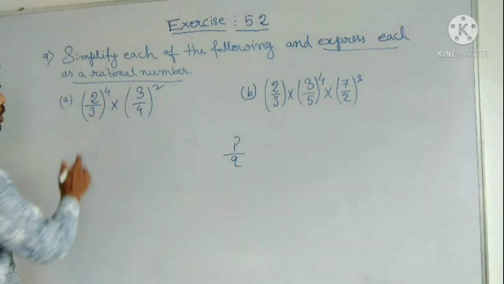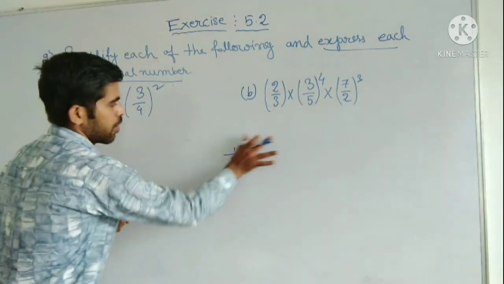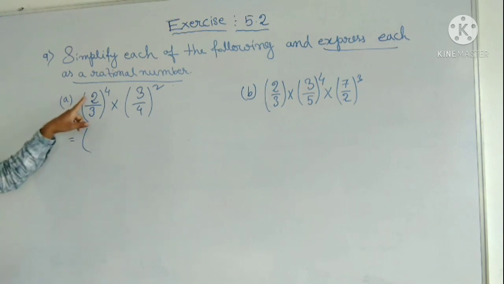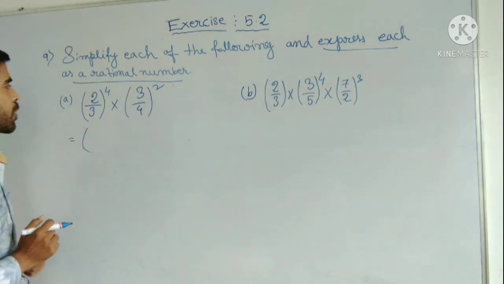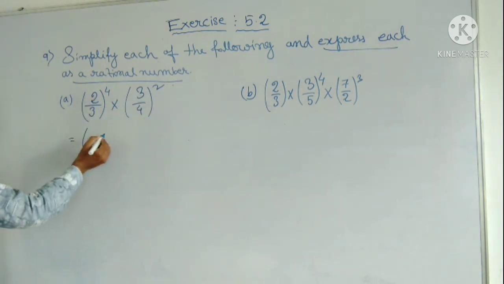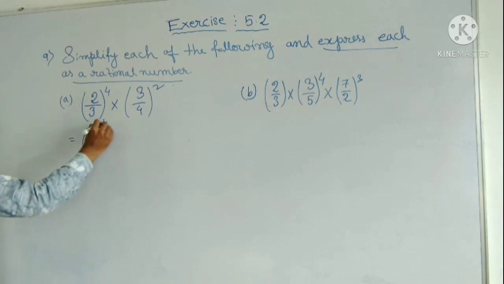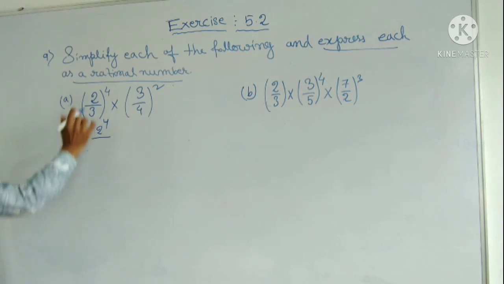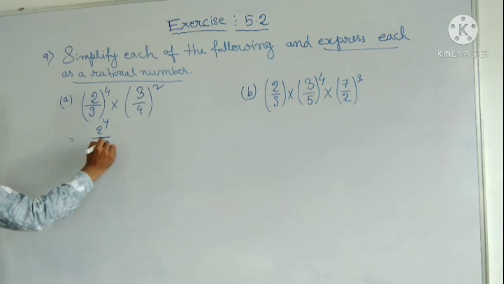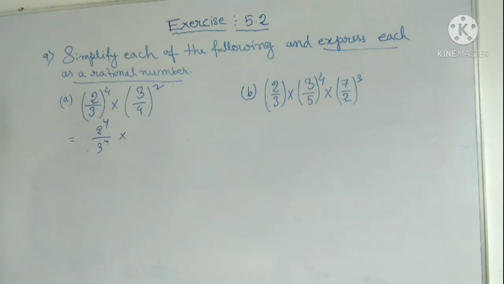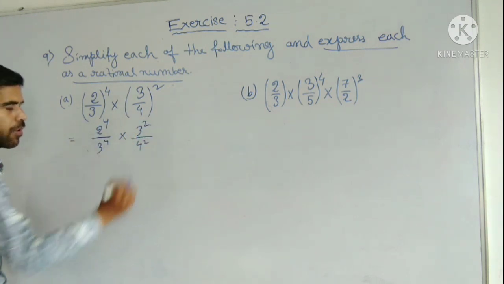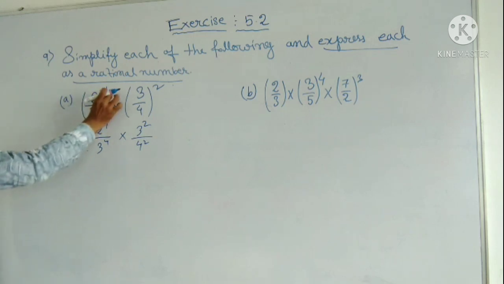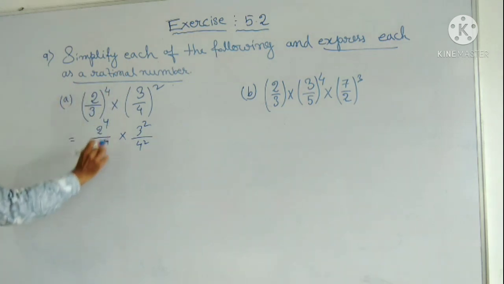Okay, so see here: (2 by 3) whole bracket to the power 4, written there, and (3 by 4) whole bracket to the power 2. For this one you write 2 to the power 4 and 3 to the power 4, and for this one you write 3 square and 4 square, because the whole bracket is to the power 4, that's why 2 to the power 4 and 3 to the power 4.